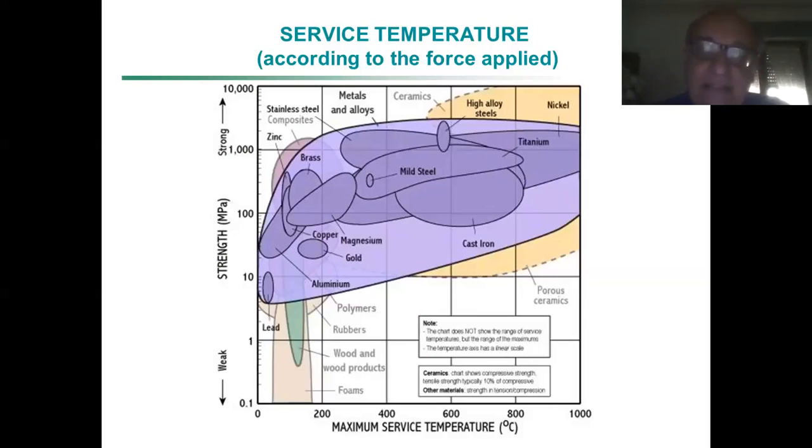It's the temperature interval at which we are able to use these materials. This doesn't involve cryogenic and whatever, so we stop at zero.